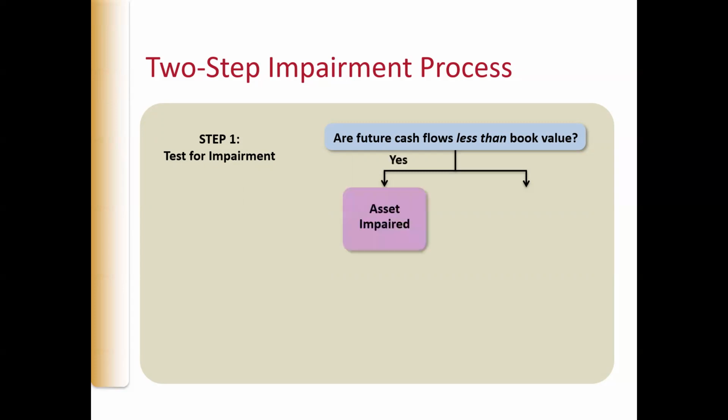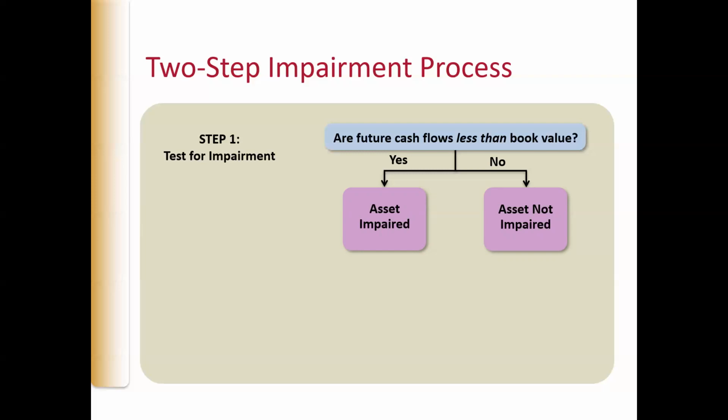What does that mean? You look at future cash flows of an asset, and you look at the book value of an asset. If the future cash flows are less than the book value of an asset, the asset is impaired. That's how we determine if the asset is impaired.